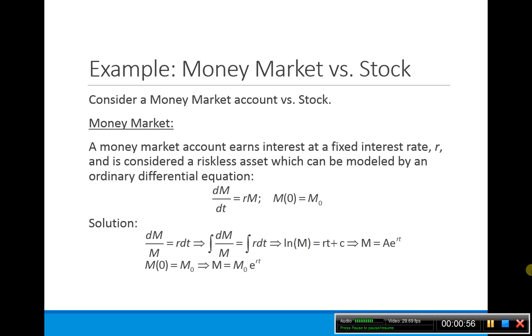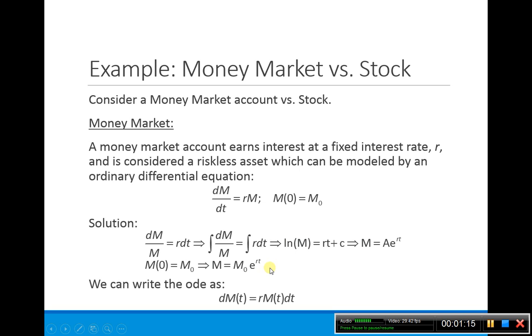So here this is just a regular ODE, a very simple ODE to solve, and you get the solution that the amount of money in a money market account at any time is given by the initial amount times e to the rt, where r is a fixed rate.